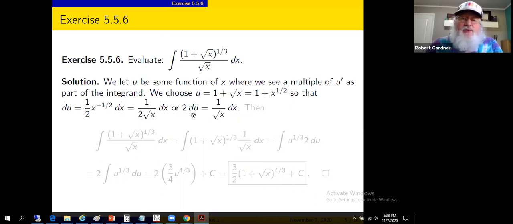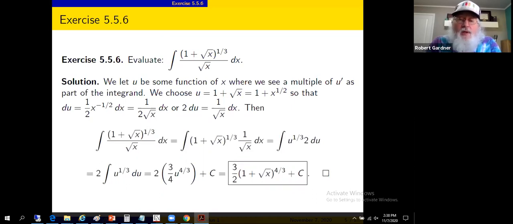Cross multiply and we'll get 2 du, and there's exactly what we have sitting right there. So we're going to use 2 du and u itself to change this from an integral in terms of x into an integral in terms of u. Strictly speaking, we're using the substitution theorem that justifies u substitution, but it's just a change of variables.